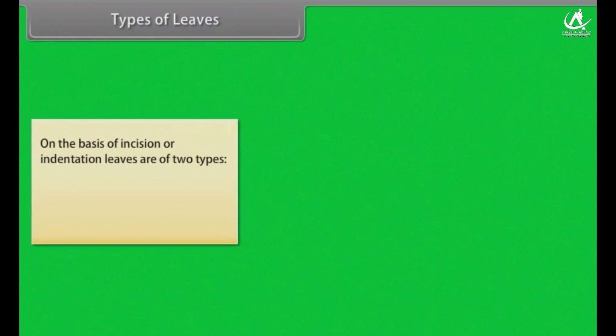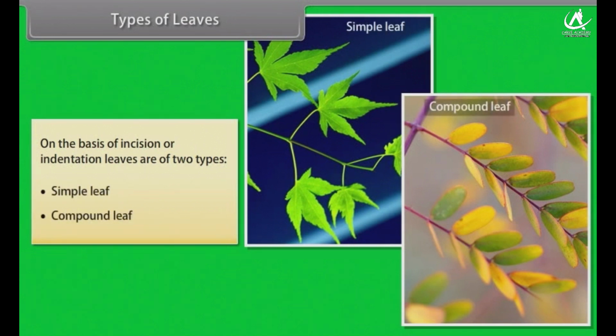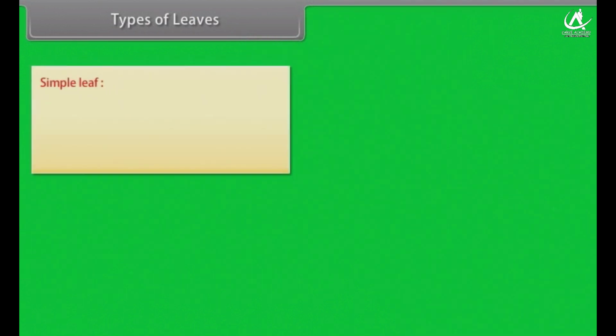Types of leaves. On the basis of incision or indentation, leaves are of two types: simple leaf and compound leaf. Simple leaf.